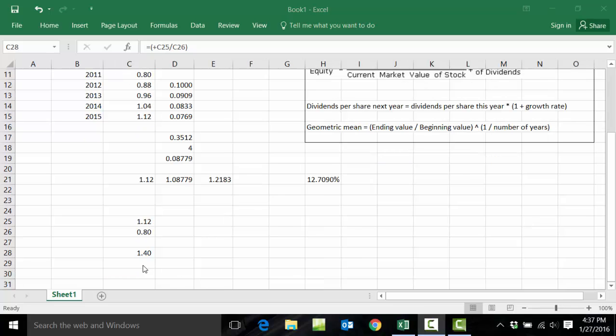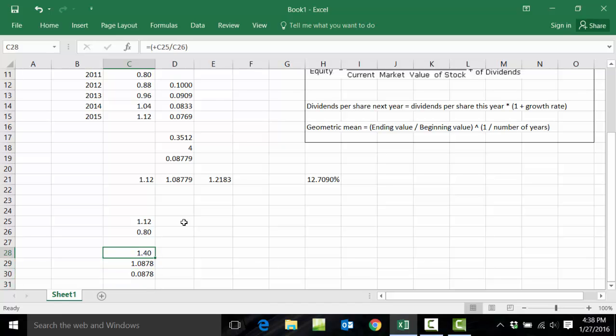So now let's figure out what the geometric growth rate is. We're going to take 1.40 and put it to the power of 1 divided by the number of years, which is 4. Okay, so that'll get us 1.0878, and if you subtract a 1 from that, your growth rate is 0.0878.